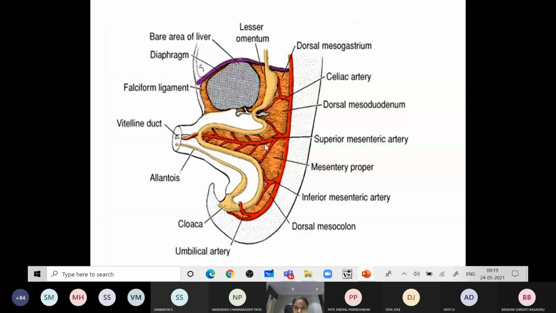The fold of the dorsal mesentery which suspends the coils of the small intestine to the posterior abdominal wall is called mesentery. The part which connects the colon, that is the large intestine, to the posterior abdominal wall is called mesocolon. Meso is fold.